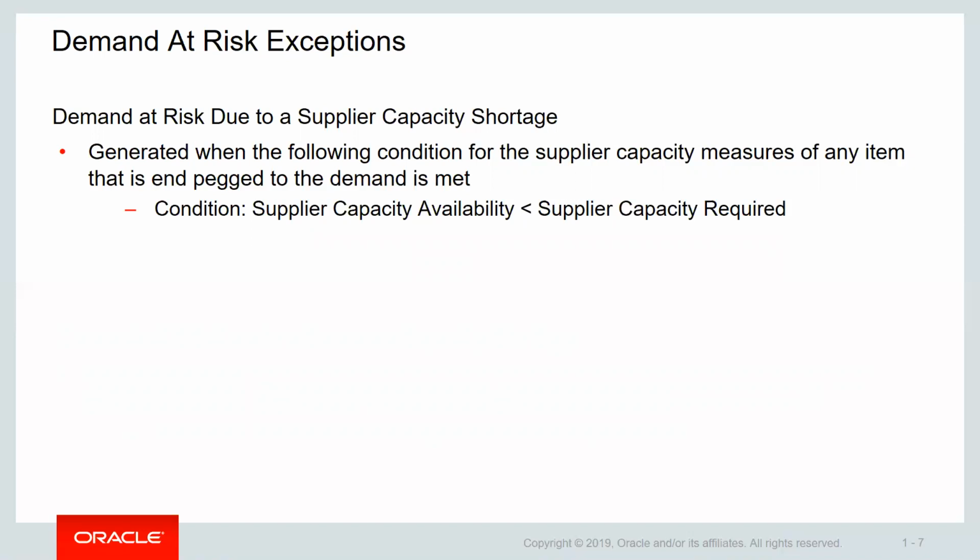The final demand at risk exception is the demand at risk due to a supplier capacity shortage. It is generated for the supplier capacity measures of any item that is n-pegged to the demand when the supplier capacity availability is less than the supplier capacity required.